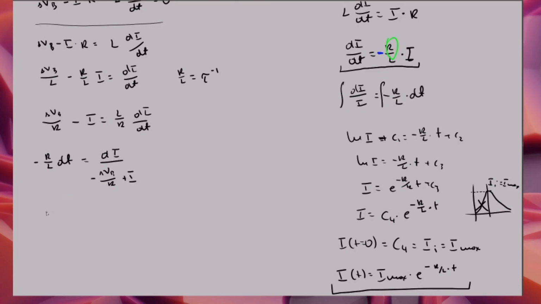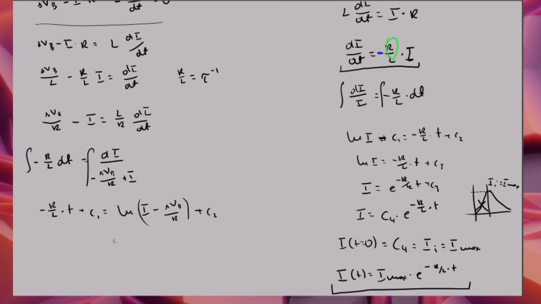So on the left hand side, I'm going to get minus R over L times t, since I'm going to integrate here, plus some constant, let's say c1, and this is going to be ln of I minus delta V of the battery over R, the resistance R, and then plus some constant C2.